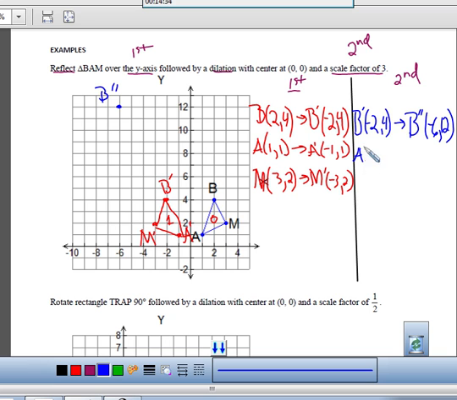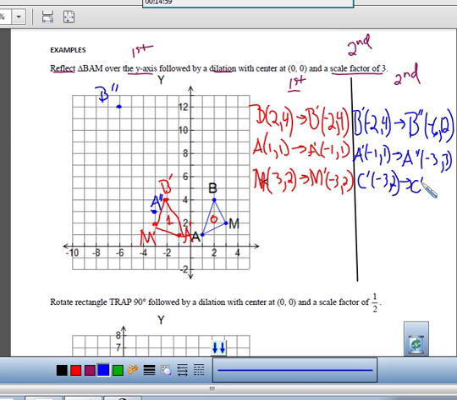A prime is negative 1, 1. So A double prime is negative 3, 3. Remember, I'm tripling it, I'm multiplying it by 3. So negative 3, 3 is my A double prime. And then C prime is negative 3, 2.